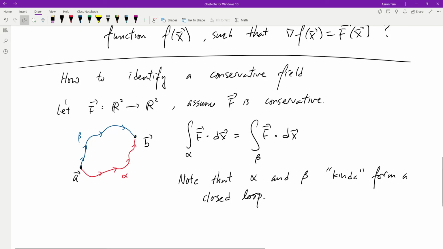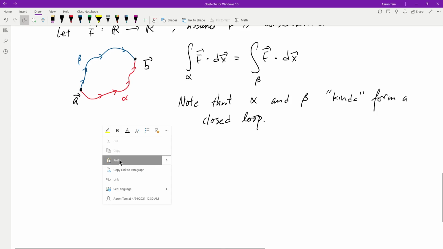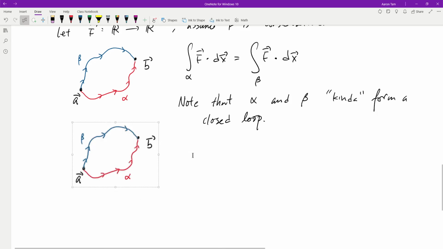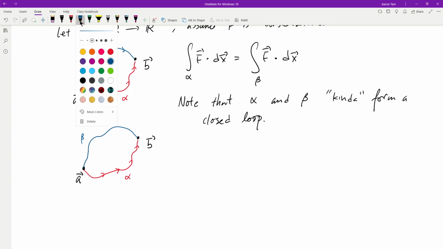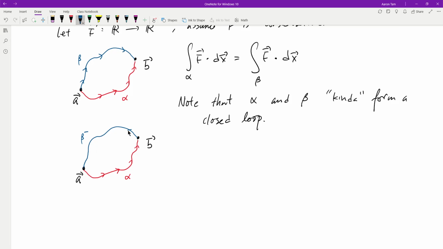So what I'm going to do is the following. I can now form the closed loop by taking beta, but reversing the direction of beta. If I do that, now all of a sudden I have a closed loop with an enclosed region R in between.